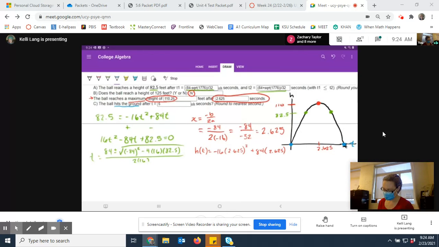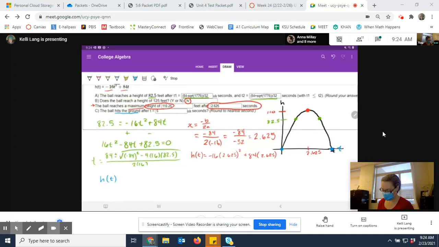So let's go back to our original equation. H of t equals negative 16t squared plus 84t. And we're going to set this equal to 0 because these points are both blank comma 0, and we want to know what they are.